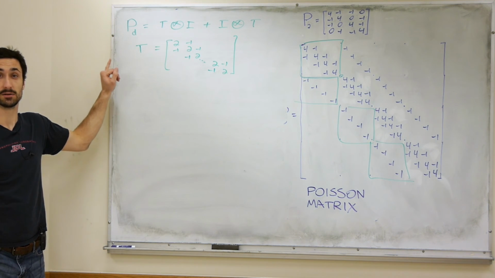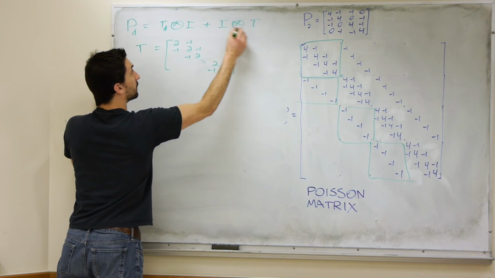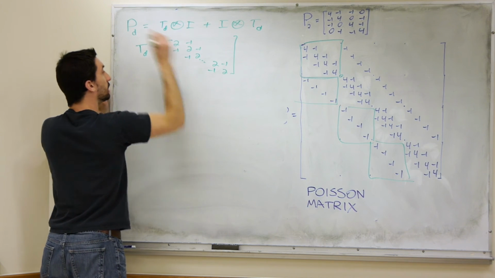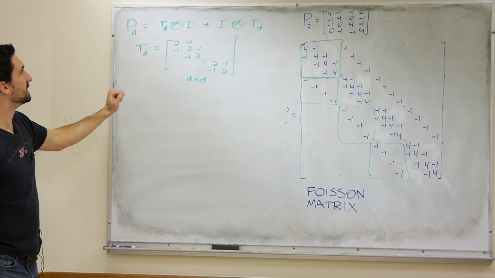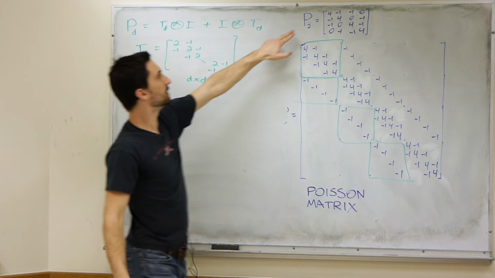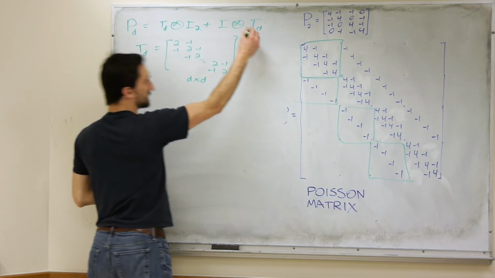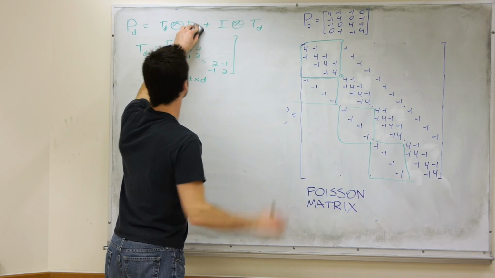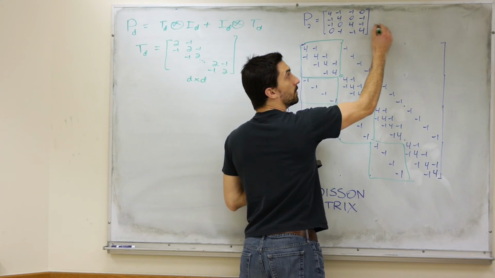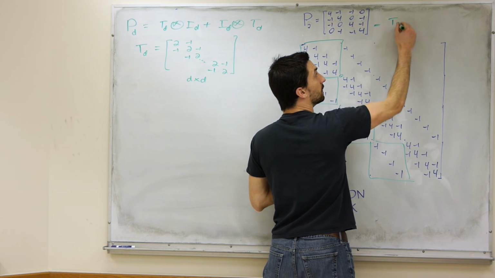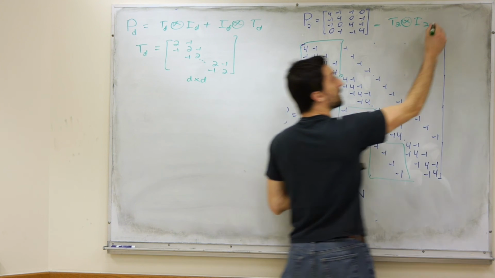So T is tridiagonal, and I believe d by d. So over here, P2 is 4 by 4, and that makes sense because this formula presumes that it's going to be a 2 by 2 tridiagonal matrix Kronecker with a 2 by 2 identity matrix.